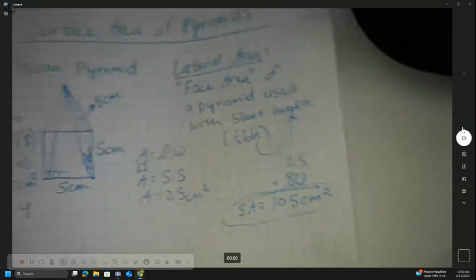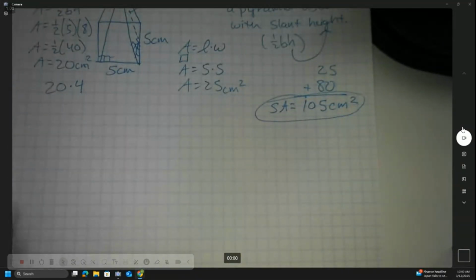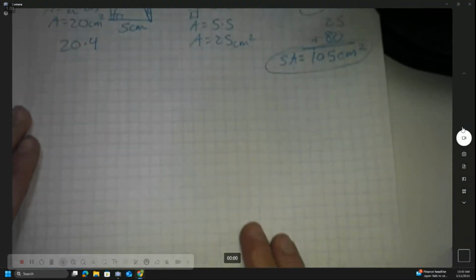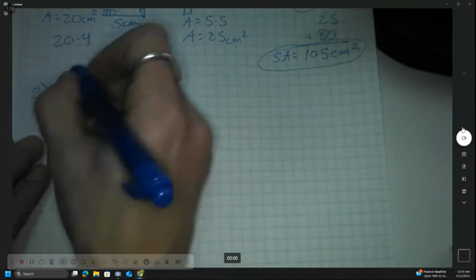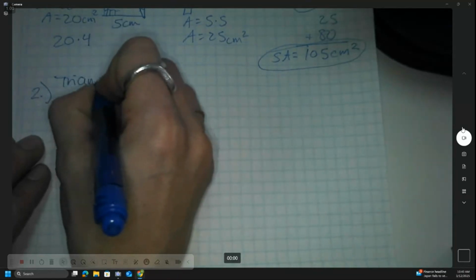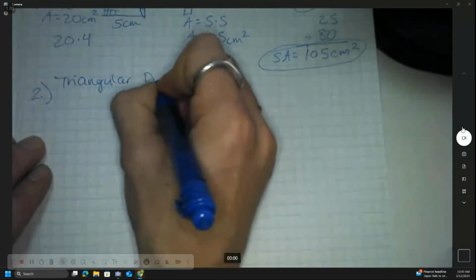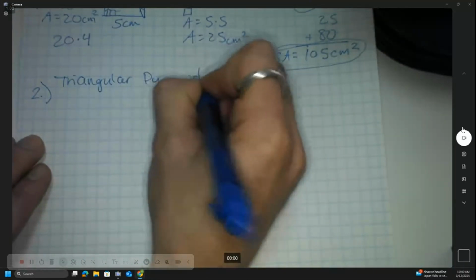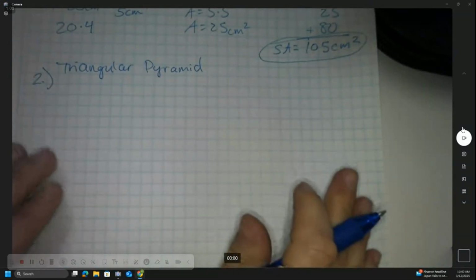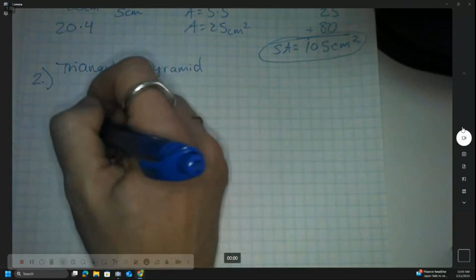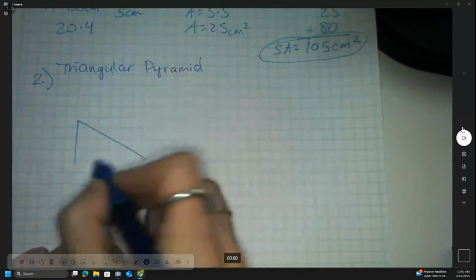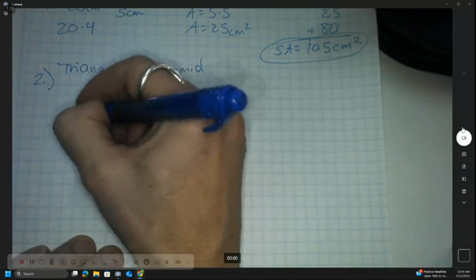Okay, let's do another one. And this example is going to be of a triangular pyramid. Solving the surface area of a triangular pyramid, let's go ahead and just draw one first.